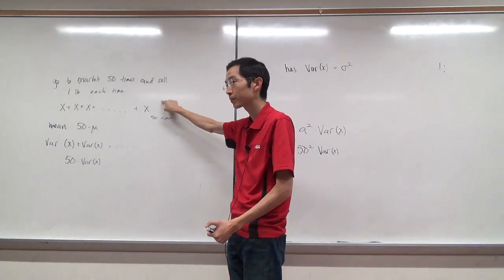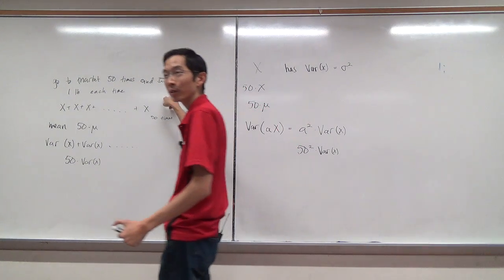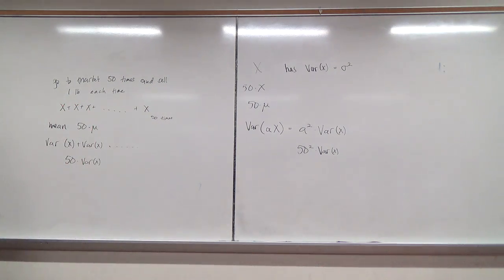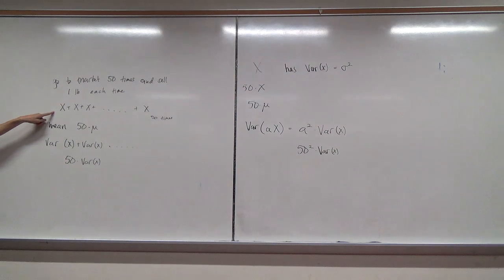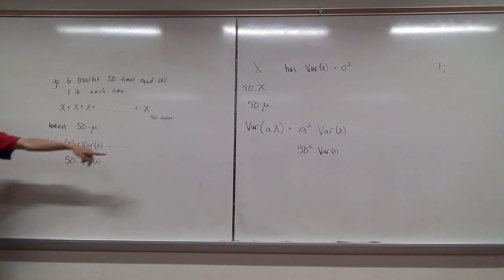Over here, he's essentially selling 50 pounds of potatoes, but he's selling them 1 pound at a time. And so he will not suffer greatly if the price is poor on one day, because overall we're expecting it to even out over the course of 50 days. Okay, so the variance in this case is a lot smaller than over here.